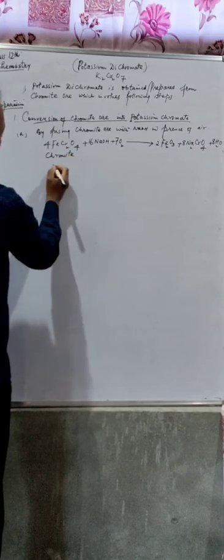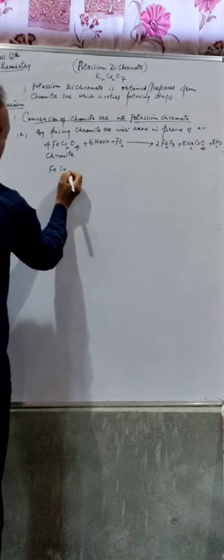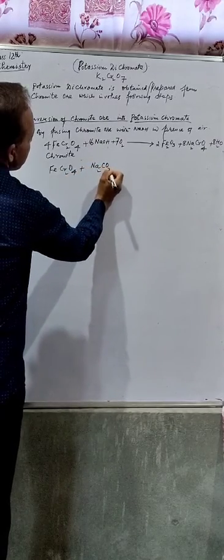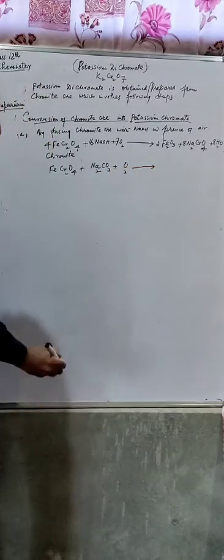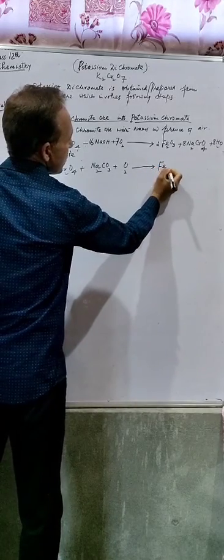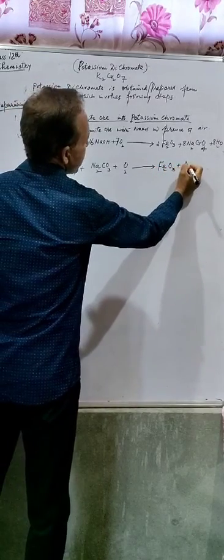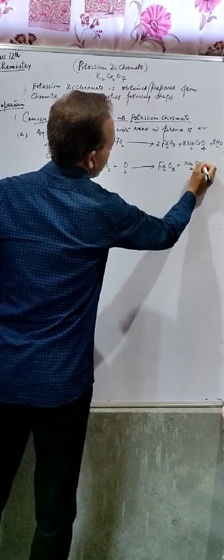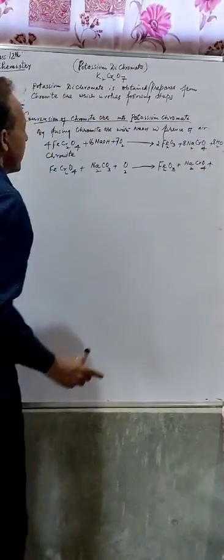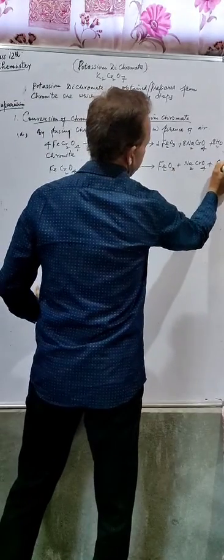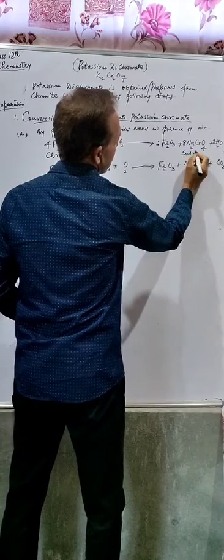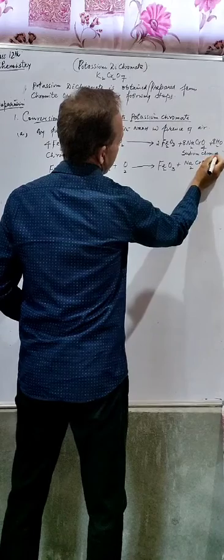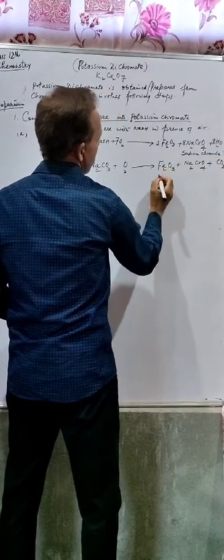If this chromite ore is now fused with sodium carbonate, Na2CO3, in presence of air, again we have Fe2O3, we have sodium chromate, and instead of water here we have carbon dioxide. So this is sodium chromate and this is ferric oxide.